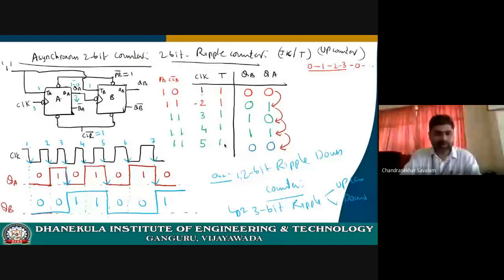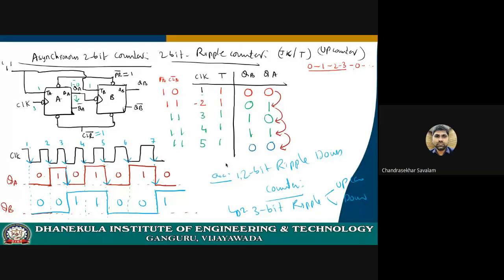Okay, students, is my PPT visible to you? Students. Okay. So how many of you have done this exercise? 2-bit ripple counter, ripple down counter, and 3-bit up counter, 3-bit down counter.